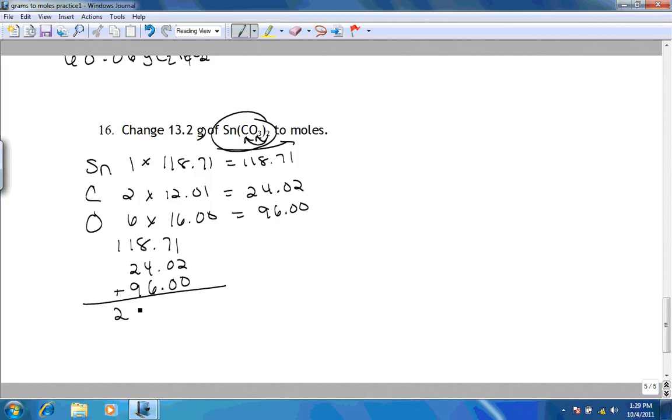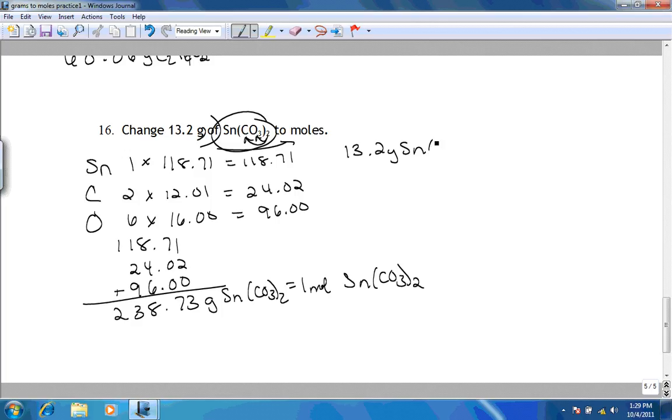That comes out to be 238.73. That's going to be our conversion factor, which means that we can take the number in our question and put it over 1 and start our conversion now that we have the conversion factor.